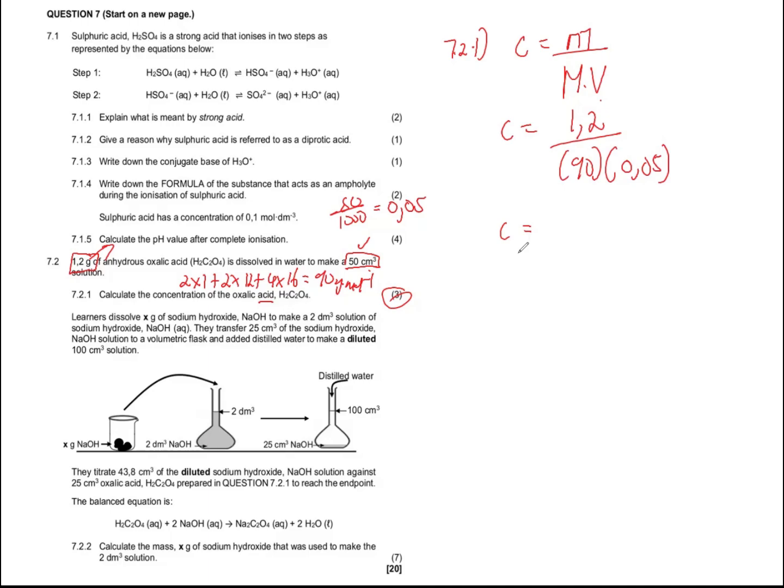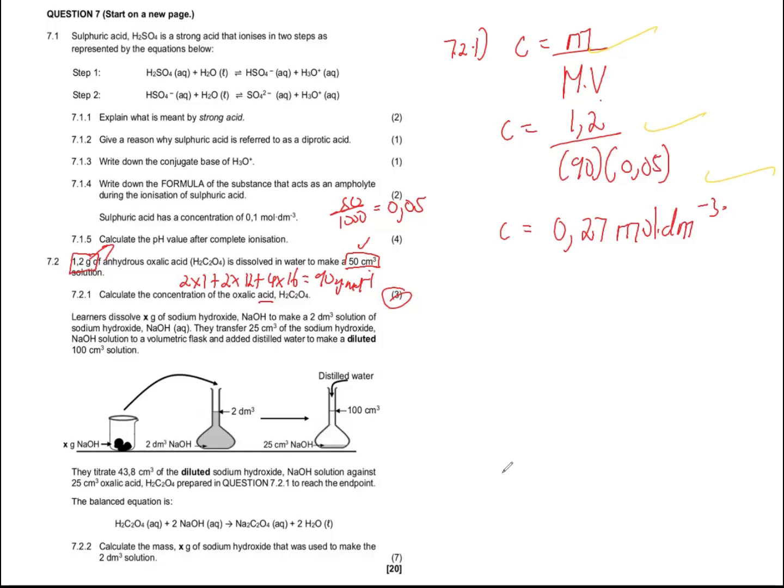So let's quickly do it. This is going to give us 0.27 mole per dm cube. That's it. So 3 marks: formula, substitution into the formula, and the correct answer.